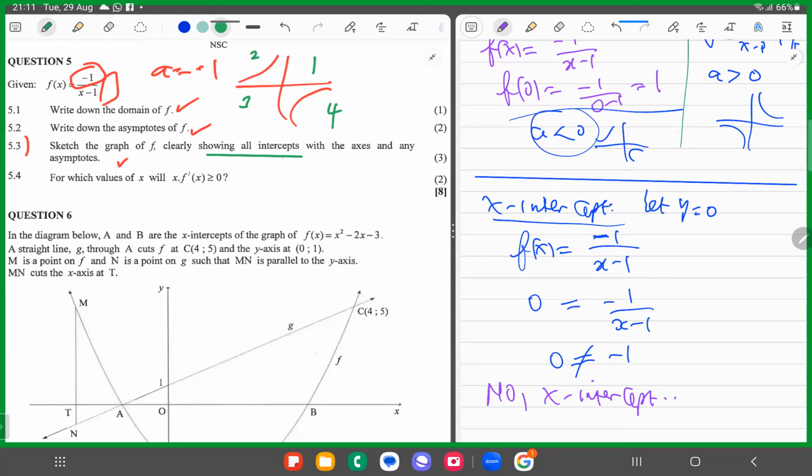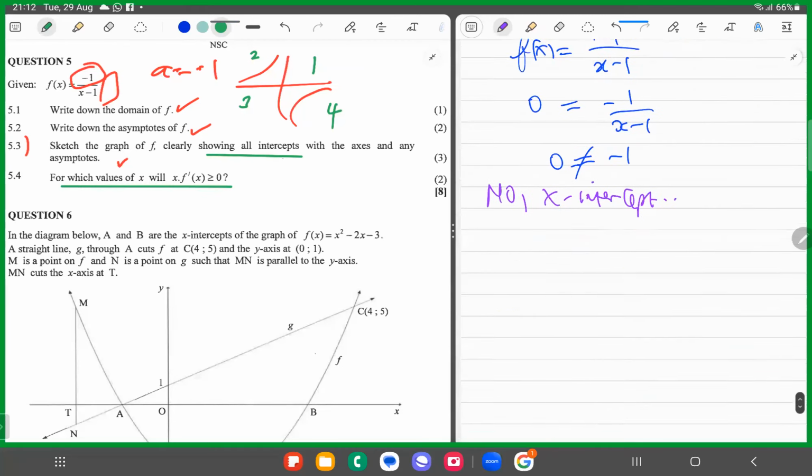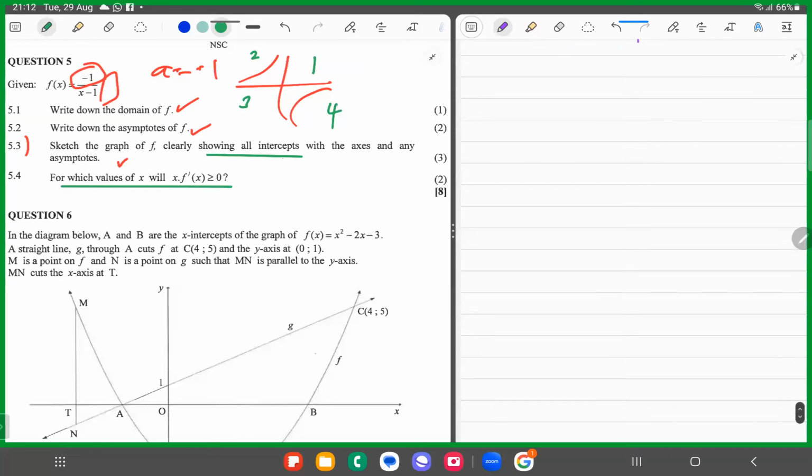Okay. So let's sketch a graph showing clearly the intercept axis and any asymptotes. For which values of x will this be greater or equal to 0?